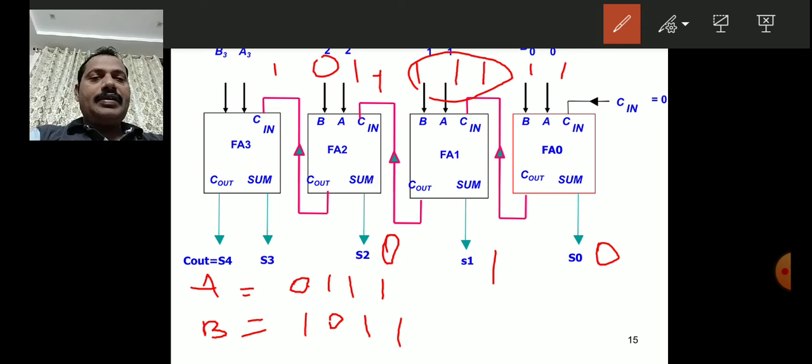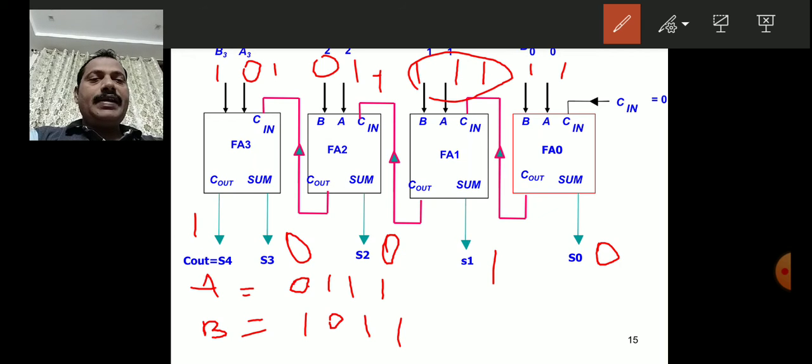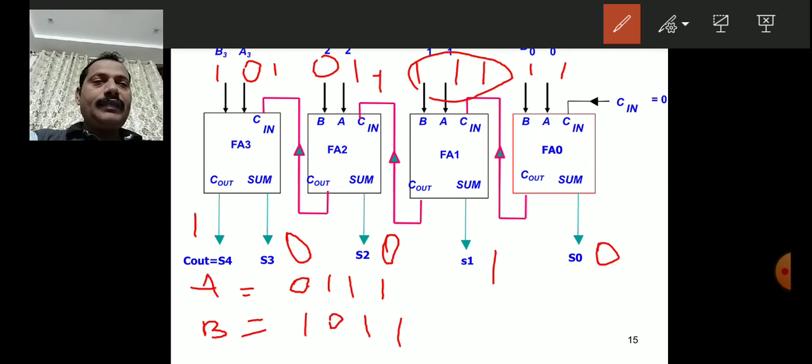Let us consider the next bits, A3 B3. A3 is 0, B3 is 1. So 1 plus 0 plus 1 is 1 0. So the final carry is 1, and the sum bits are 0 0 1 0, like this.